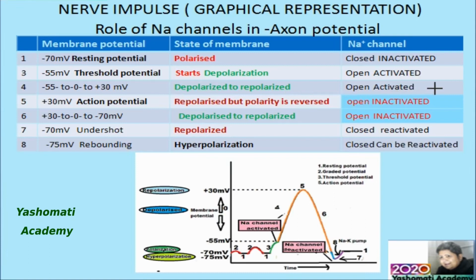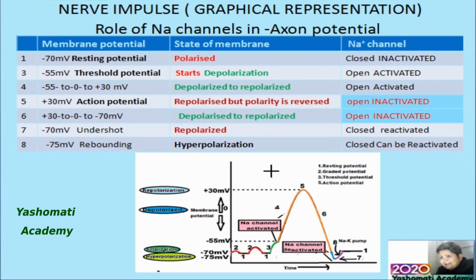Remember, at this stage the channels are open and activated, and because sodium channels are open and activated, more and more sodium is coming inside. Now, in this stage, the polarity of the membrane is reversed. Previously, it was positively charged outside, now it is positively charged inside.